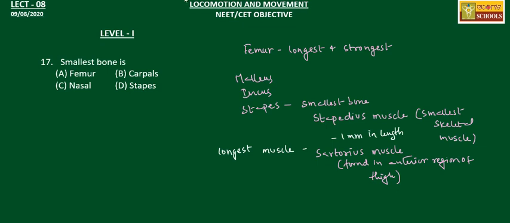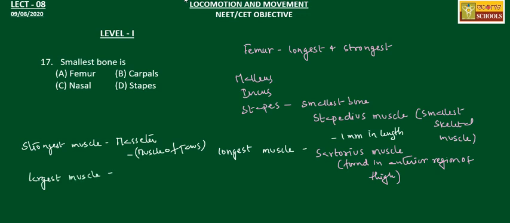Then coming to the strongest muscle, the strongest muscle is masseter. So this masseter muscle is the muscle of the jaws. Then the largest muscle, so the largest muscle is gluteus maximus.